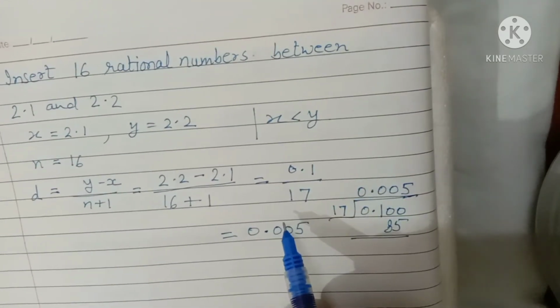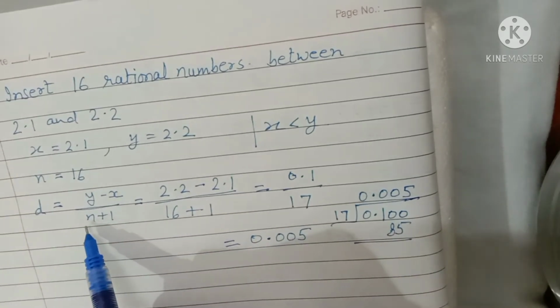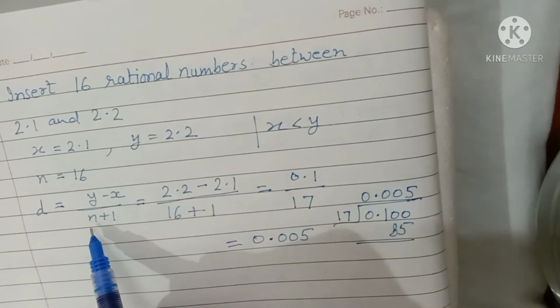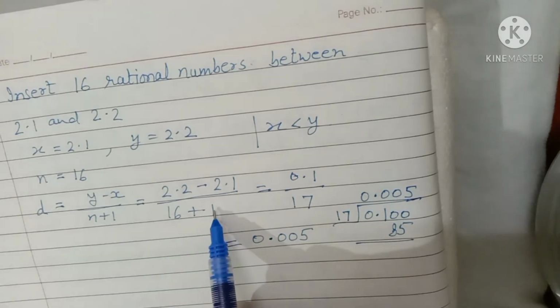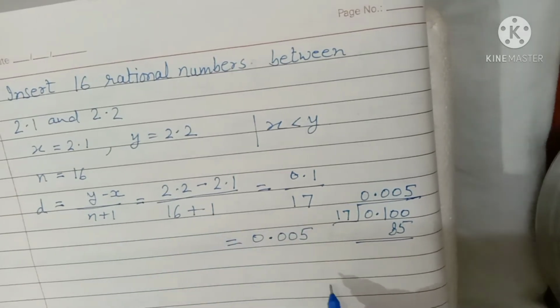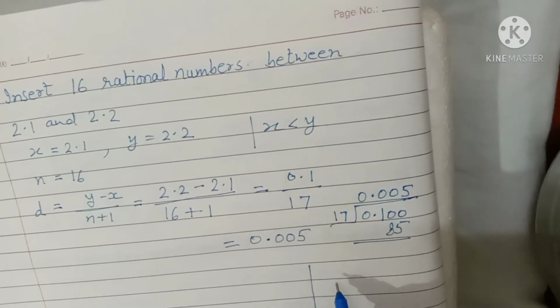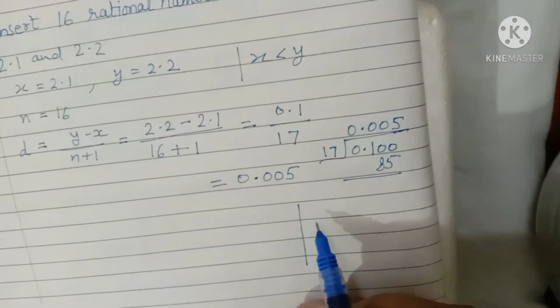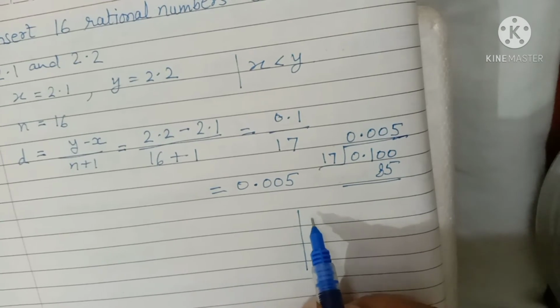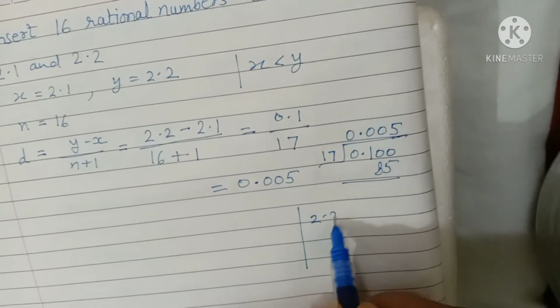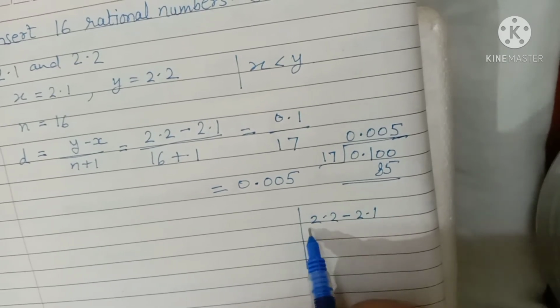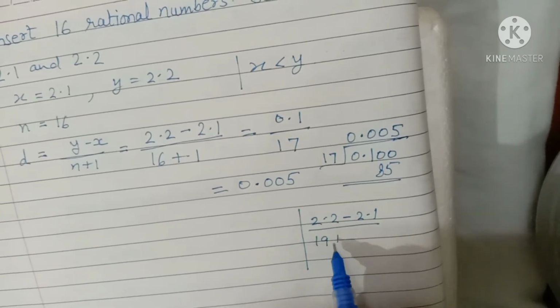For your convenience, you can take the value of n as 19, so 19 plus 1 will be 20. I am showing it here. y minus x means 2.2 minus 2.1 upon 19 plus 1.